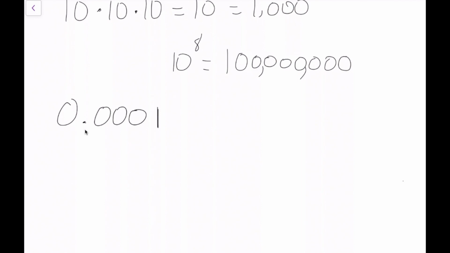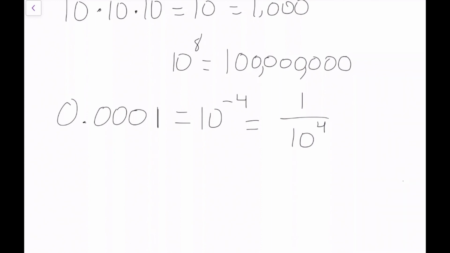So anyway, if you didn't know this already, this number right here is going to be 10 to the negative 4th power. And if you remember, we can rewrite negative powers as 1 over that number with the positive power. So this is the same thing as 1 over 10 to the positive 4th power.